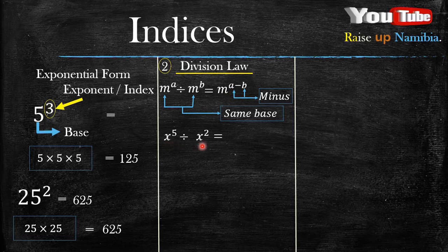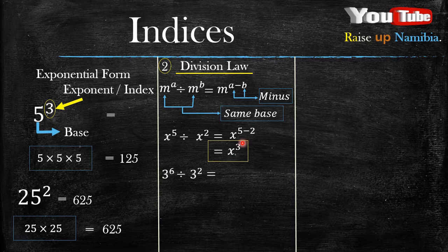Is x and x the same base? Yes. So we minus 5 minus 2. What do we get? 5 minus 2 is 3. So we get x raised to the power 3.